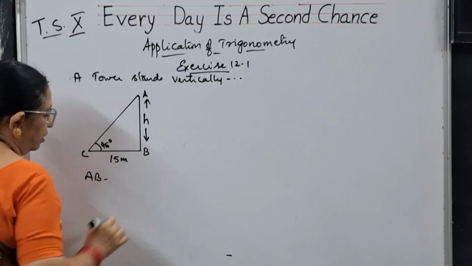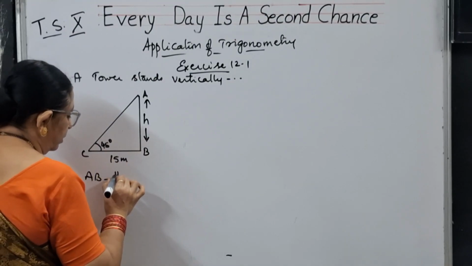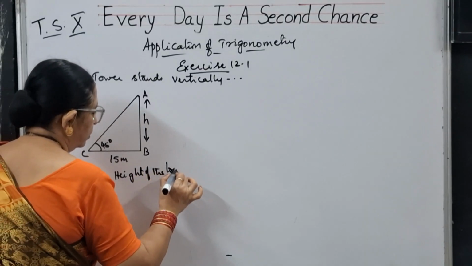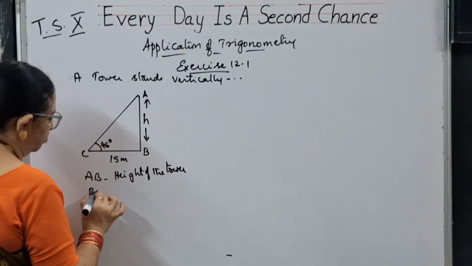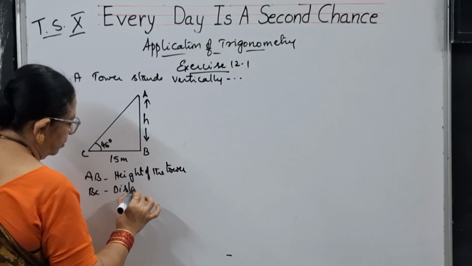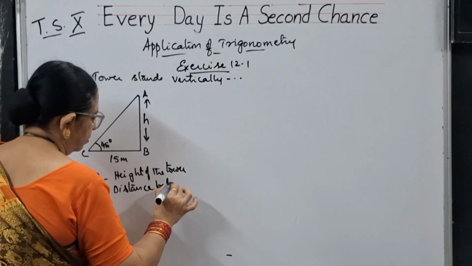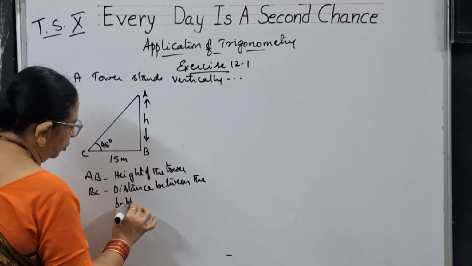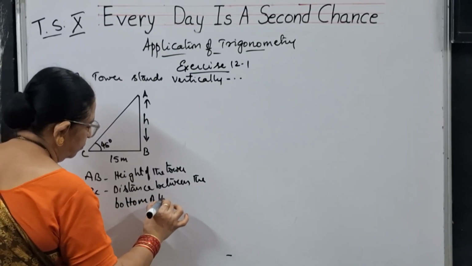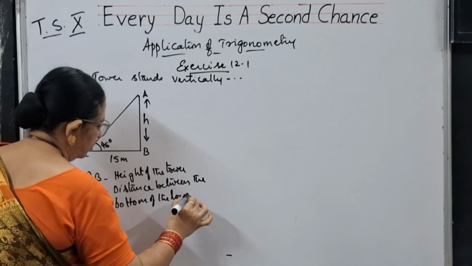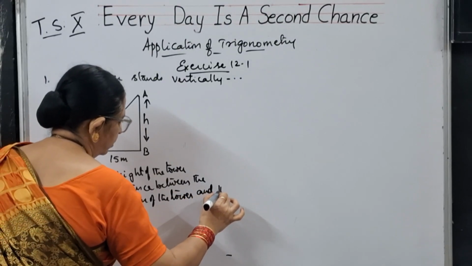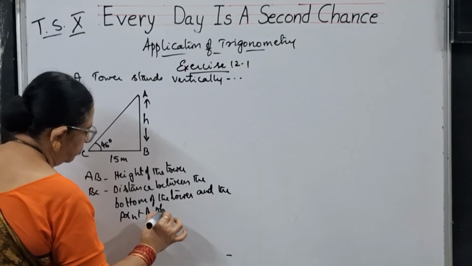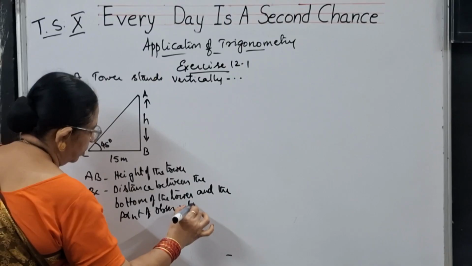So let us write the representations we have done. AB is the height of the tower. BC is the distance between the bottom of the tower and the point of observation where you are observing.